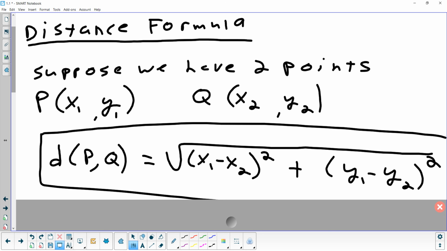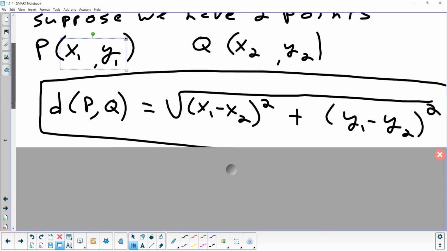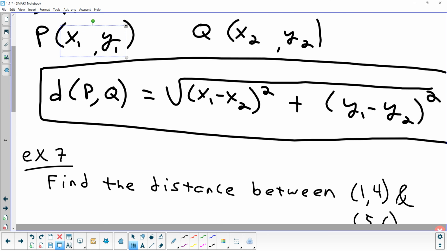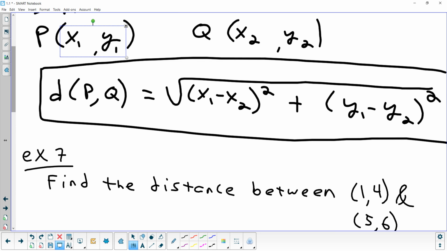Could be the 4 on the right, or they could give you a problem that says the distance between 2 points is 5 units. I'll tell you one of the coordinates, and you have to figure out part of the other coordinate, knowing how far away the coordinate is. Okay, so they could give you the distance instead of both coordinates. But let's try one where I give you coordinates.